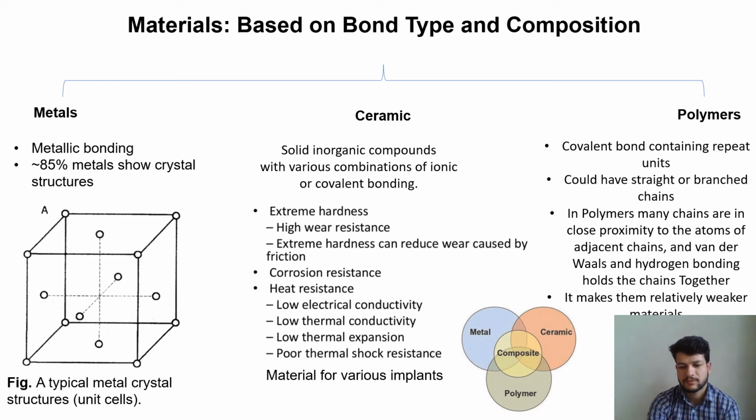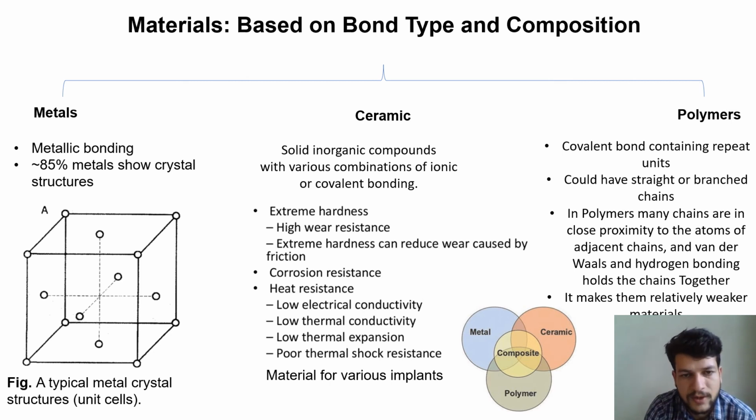Now talking about ceramics, they are usually solid inorganic compounds with various combinations of ionic and covalent bonding. Ceramics often have a more complex structure, and they also have a tightly packed structure of atoms.